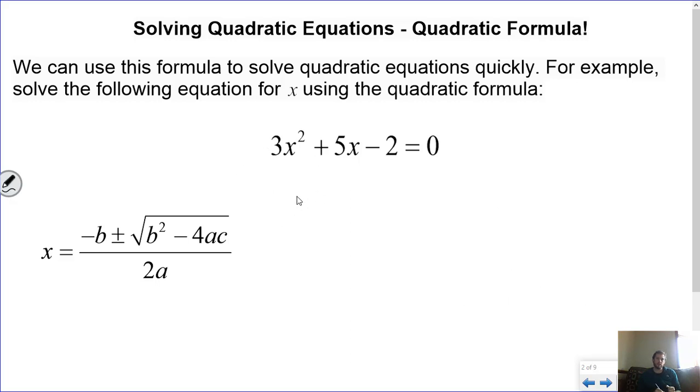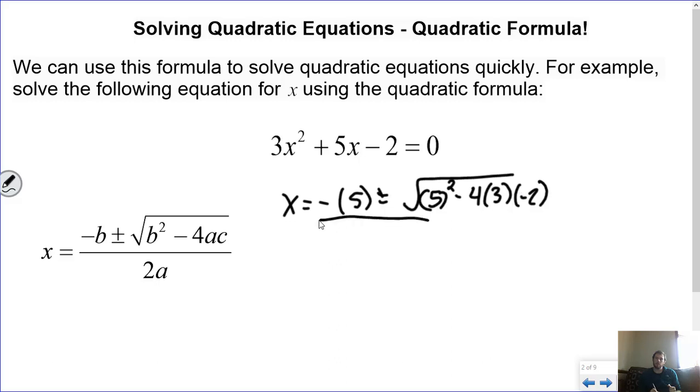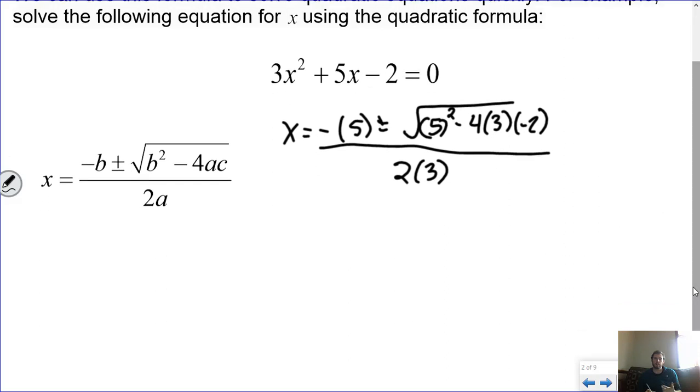So if I take my numbers here, x is going to be equal to negative b plus or minus the square root of b squared minus 4 times a times c all over 2a. So now it's just a matter of using my order of operations. Start simplifying all these terms.